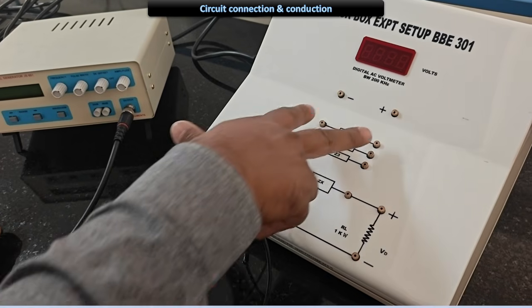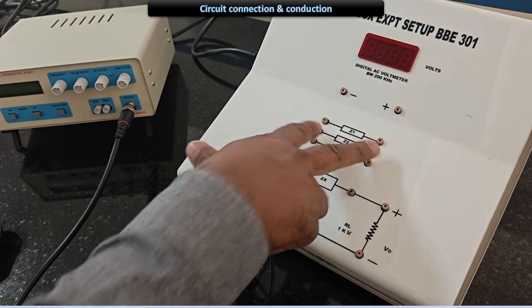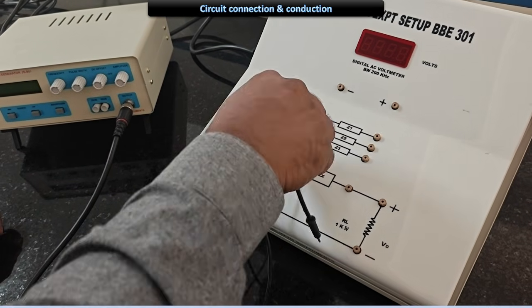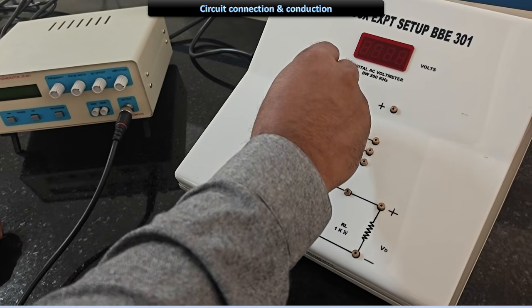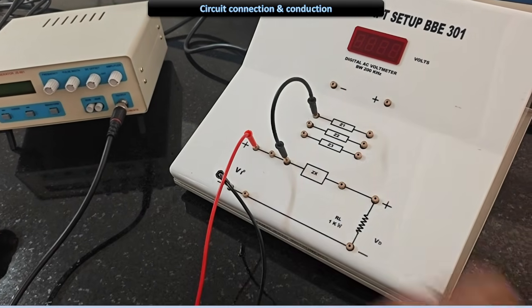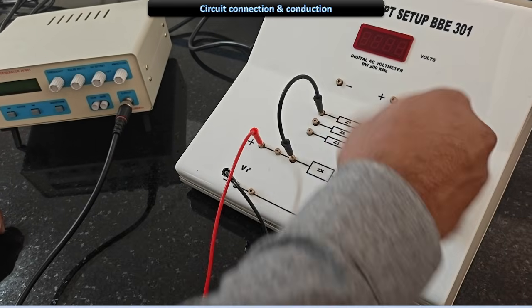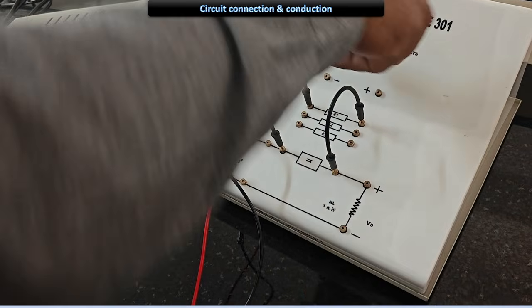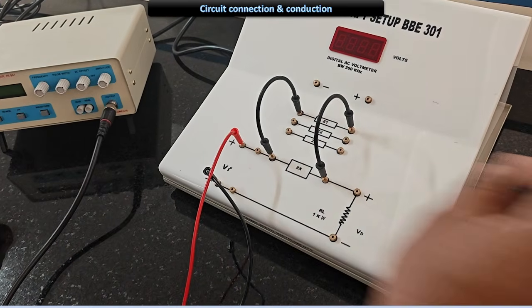Then ZX should be connected to Z1, Z2, and Z3 one after another after taking readings. So connect this ZX to Z1 initially, and from the output V0, the output should be connected to the input of the voltmeter.